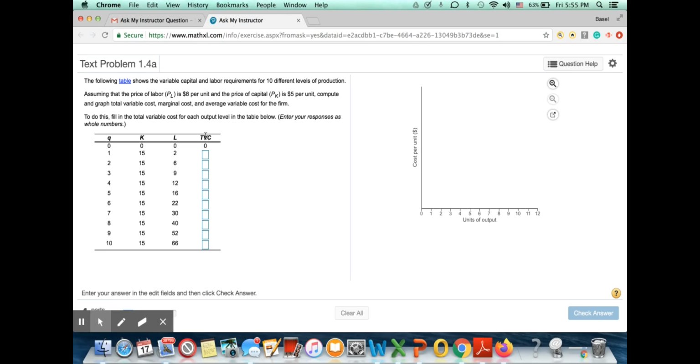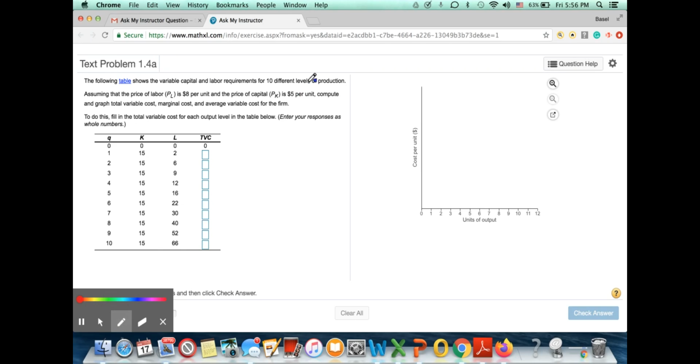The question is asking us to calculate the total variable cost. To calculate the total variable cost, all we need is the amount of capital and the price of capital, which is 5, and the amount of labor and the price of labor, which is 8. The calculation is very straightforward.